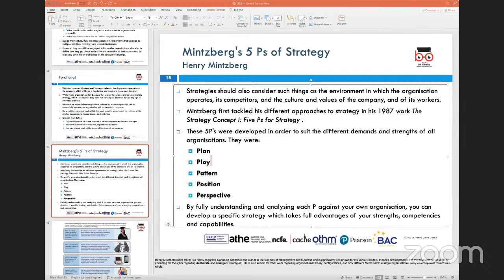And when we lastly talk about ploy, it is basically a strategic choice which the company is going to make.